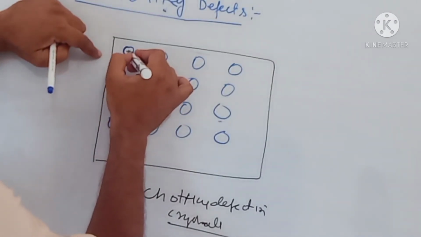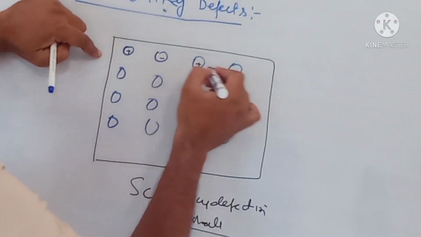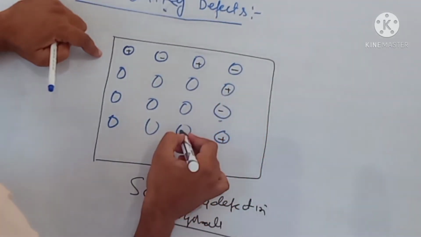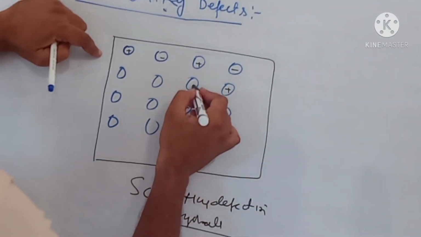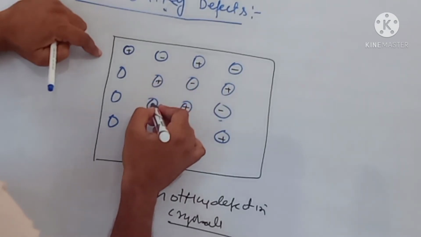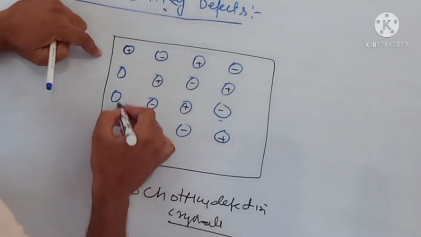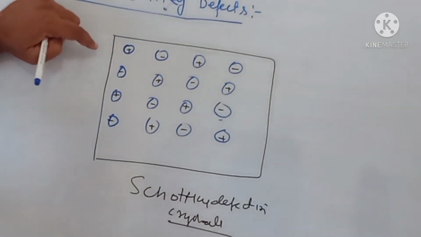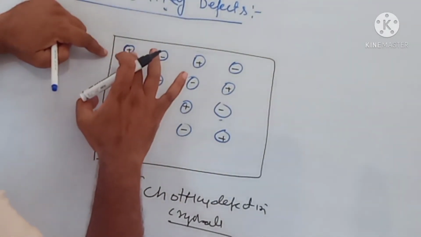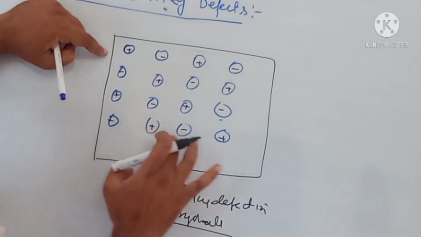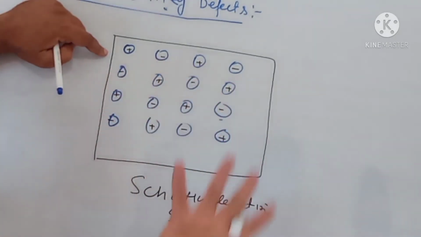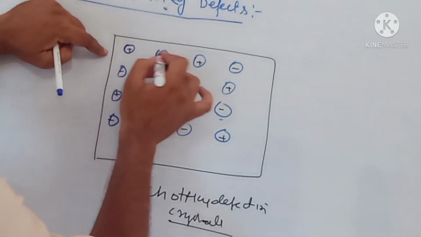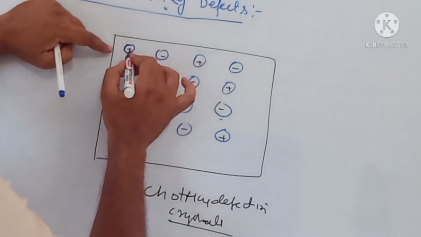Suppose this is a cation, this is an anion, cation, anion, cation, anion, and so on. So first, it is a completely ordered arrangement of constituent particles, which may be atoms or molecules. These are the cations and anions.